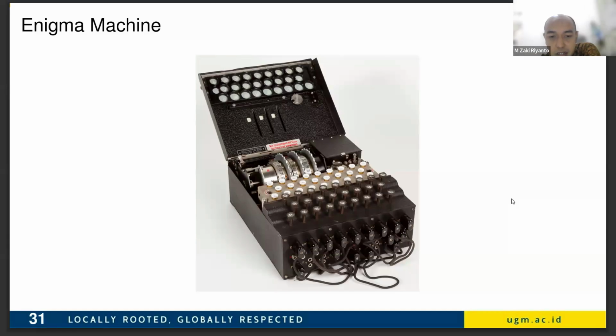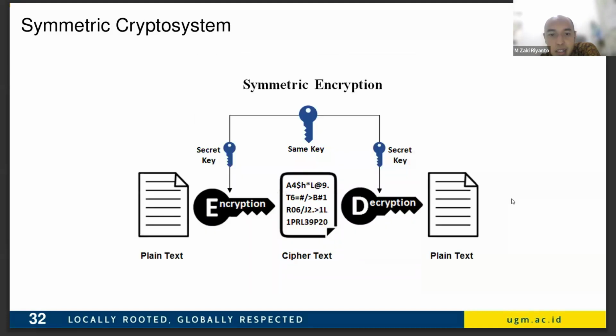In the Second World War, they used substitution and permutation. It's very complex. And the Caesar cipher, Vigenere cipher, Hill cipher, Enigma cipher, all of them use the same key for encryption and decryption.